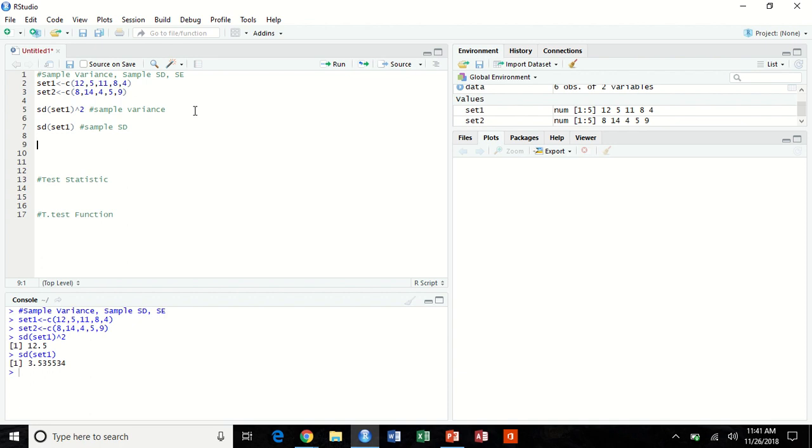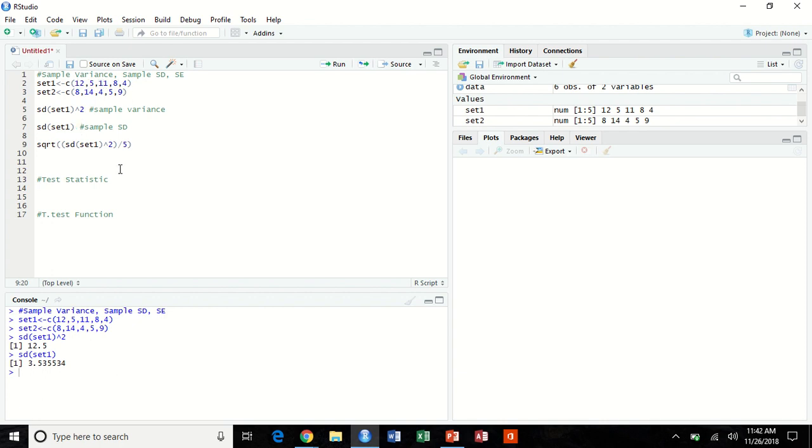So this is actually the standard error of the differences of sample means. So we're going to do square root of sd(set1) squared divided by n, which is 5 in this circumstance. 1, 2, 3, 4, 5.